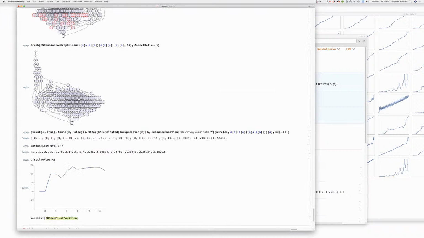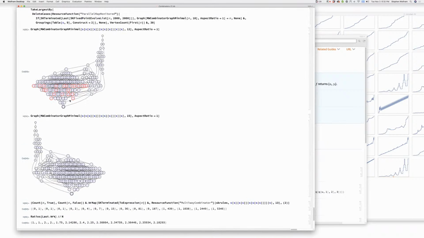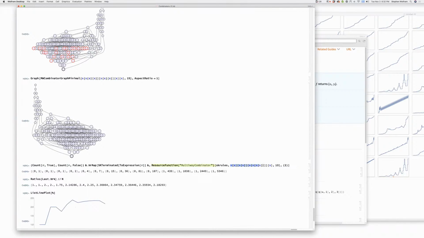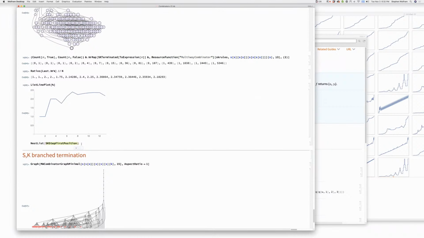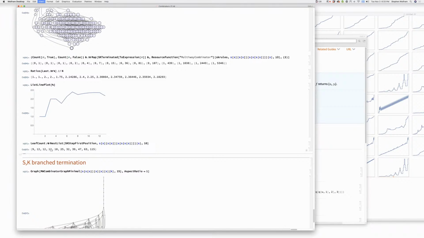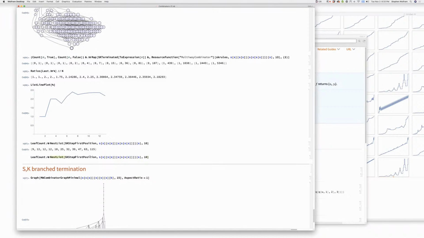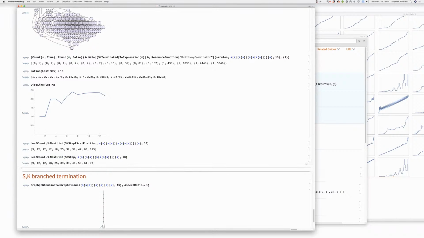And then we can say here, wherever it was, this thing here, and then we say leaf count. So if I just do SK step here, then after 30 steps, boom, it reached constant.